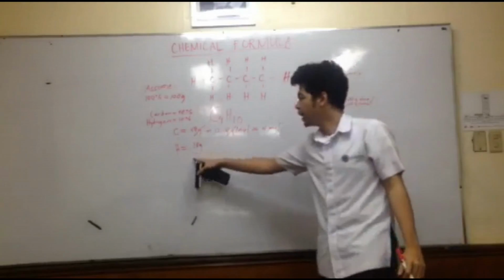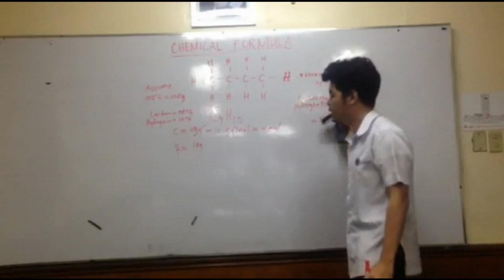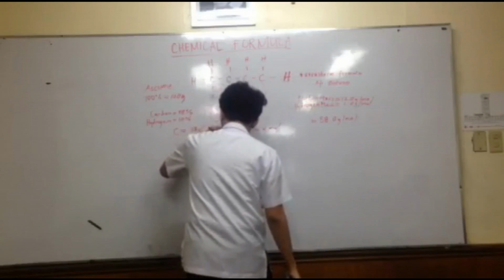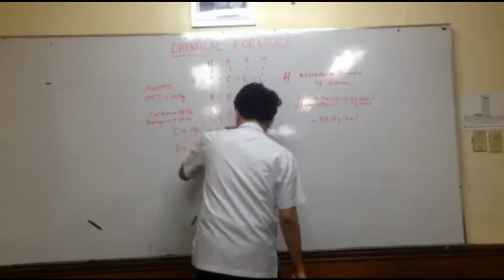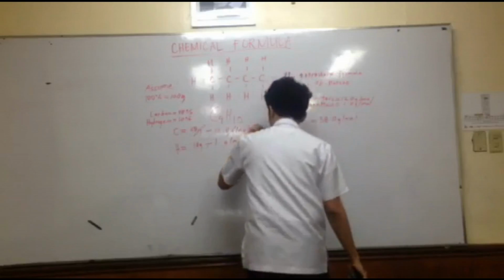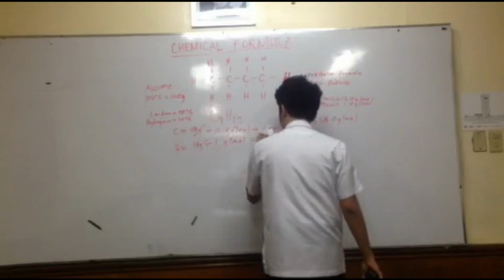For the hydrogen, which has an elemental mass of 1, we also divide 10 by 1, which is equal to 10. And also cancel it out, then it is going to be mole.